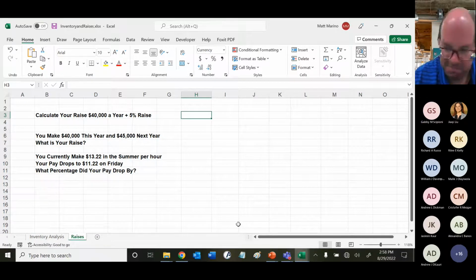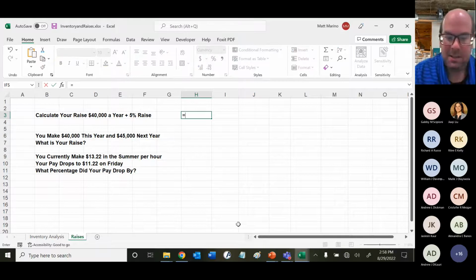Exactly, but there's a simpler way to do it. So 40,000 times, instead of 0.05 and then adding it to itself, we can do 1.05. So we're multiplying it by itself plus that 5% raise.